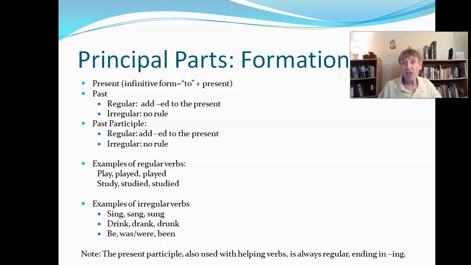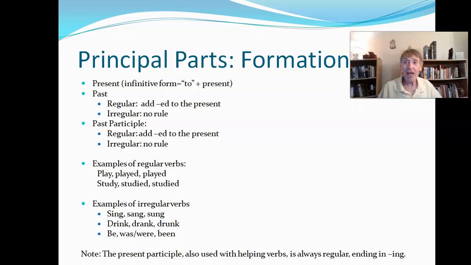Okay, those are infinitive forms using to plus the present principal part. Then you have the past principal part, which is formed by adding typically ed to the end of the present. If the present tense already ends in E, of course, you only add the D. That is for regular verbs.